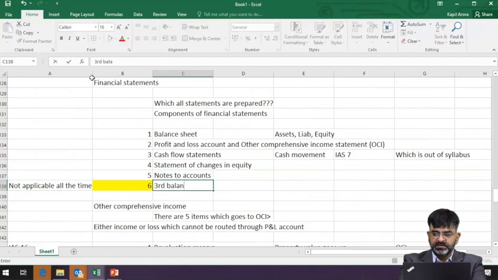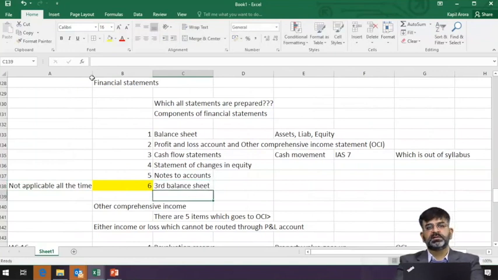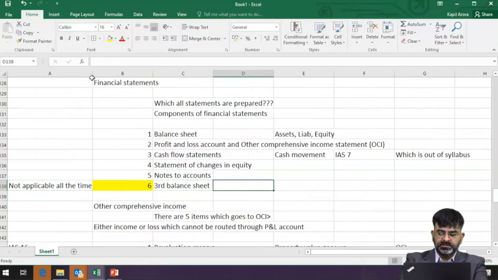Yes, Karthik, we'll share that. We call it the third balance sheet. Third balance sheet means the opening balance sheet of the prior period presented.